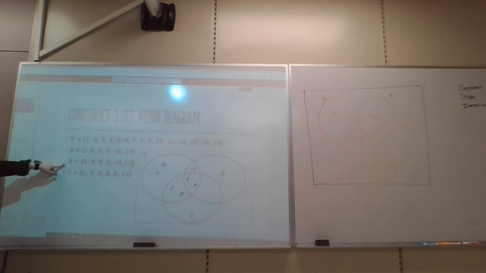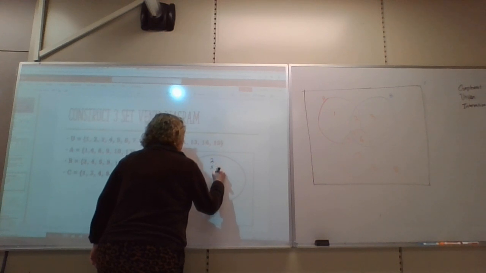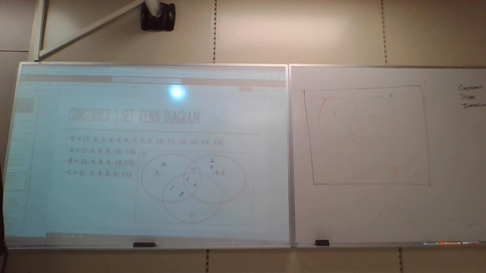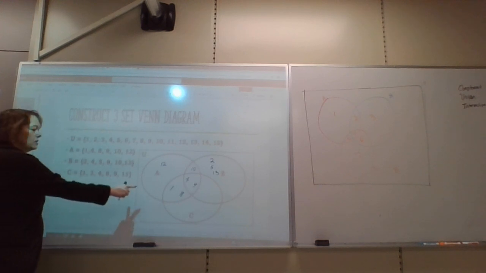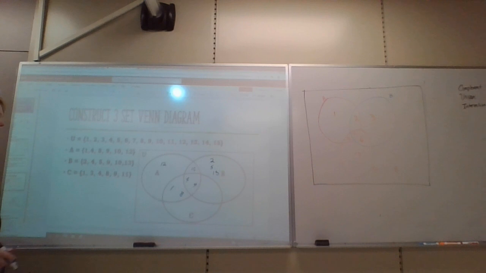Let's look at B. Tell me what's in B, and don't include 4, 9, 10. 2, 5, and 13. You see, I got that. Looking at C, tell me what's in C that doesn't include 1, 4, 8, 9. 3 and 11.